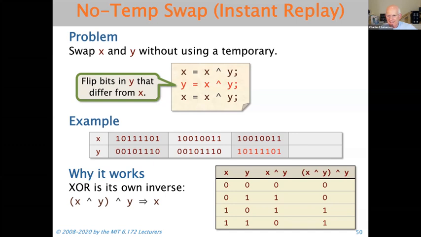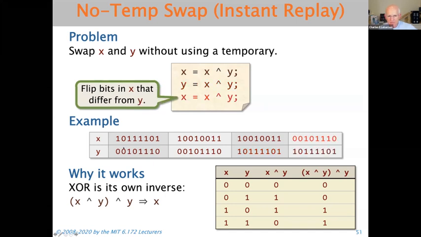So that gives us x. Now we do the same thing for step 3. We flip all the bits in y, which are the bits of the original x, according to the difference mask, yielding the original value of y, which we store in x. So this is clearly one you'll have to play with on your own, but I think it's cool anyway.